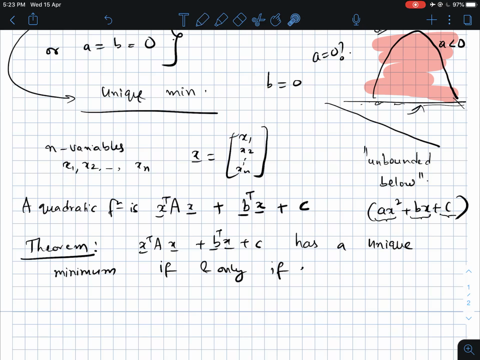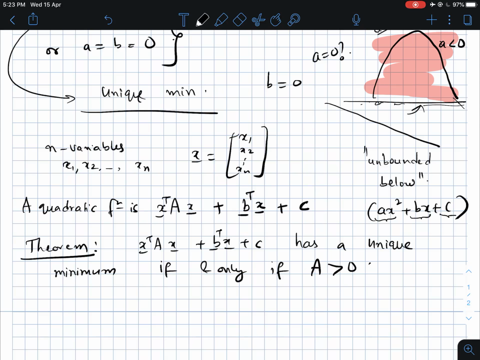In the 1D case, we had a unique minimum if a was positive. We have a unique minimum if and only if the matrix A is positive definite. That's what we are going to prove in this lecture. So positive definiteness is innately connected once again to the existence of a minimum of quadratic functions.